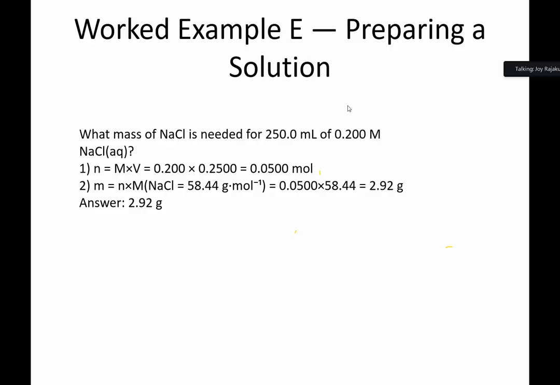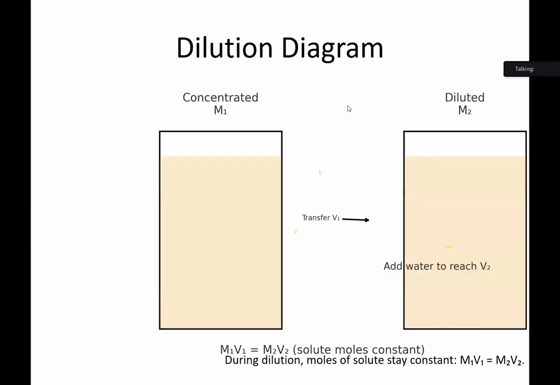Because the molar mass is 58.44, you can multiply with the number of moles. Then you get the gram amount of sodium chloride needed to make a 0.2 M sodium chloride solution. Right.